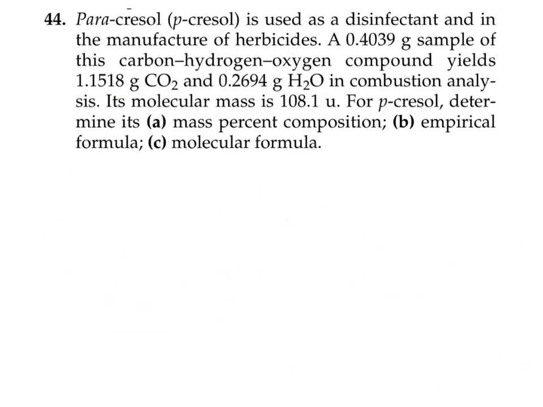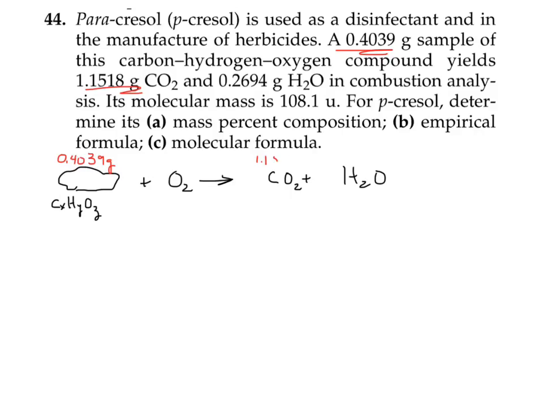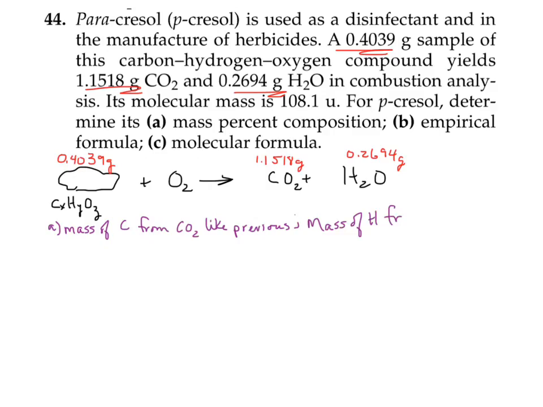It's kind of like what we did Friday. Okay, so in this one, here comes your picture. This is a hydrocarbon with oxygen. You're supposed to do the three things you did before, and we have the molecular weight. So you're supposed to come up with the weight percent, the empirical formula, and the molecular formula.